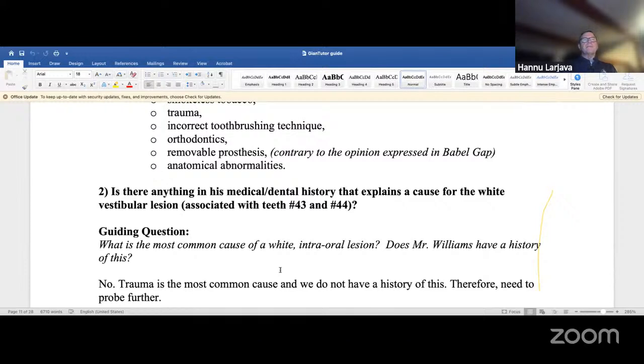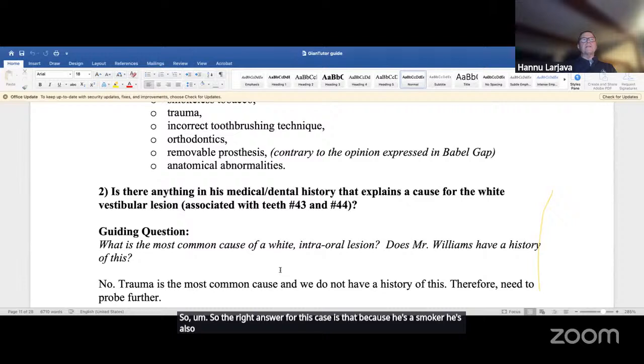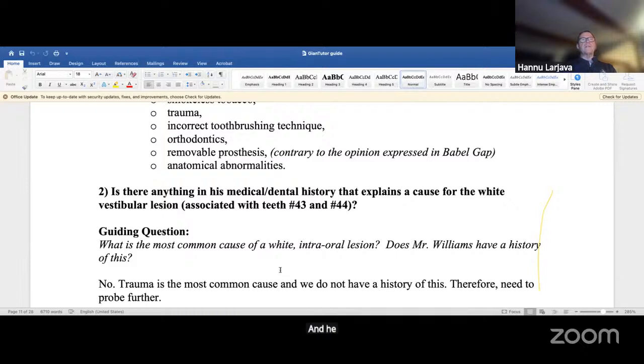So the right answer for this case is that because he's a smoker, occasionally when he's in the bar playing his music, he's also using smokeless tobacco in addition to smoking cigarettes, and he keeps the smokeless tobacco on the 43, 44 area, and that will explain why there's more irritation that is localized instead of generalized.